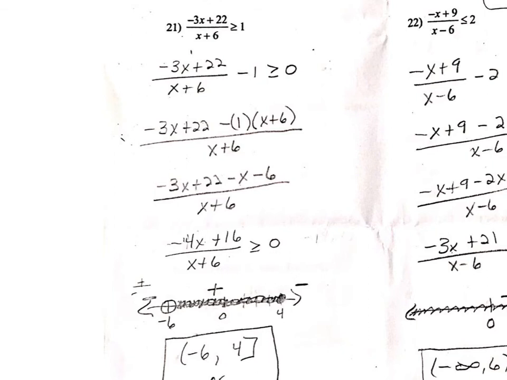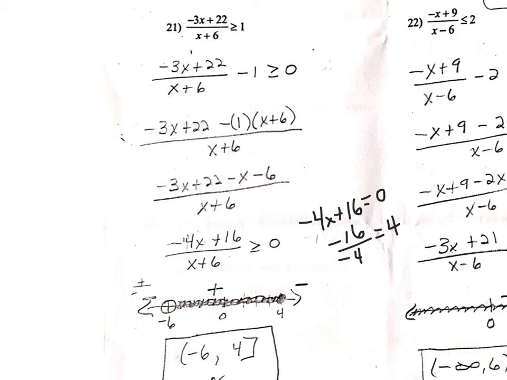So the next thing we're going to do is find what our critical points are. So I'm going to set this part right here equal to 0, negative 4x plus 16 equals 0, and I solve for x. So I get negative 16 divided by negative 4 equals 4.